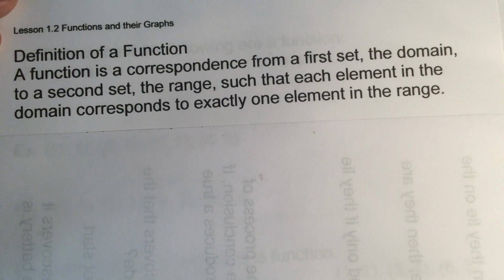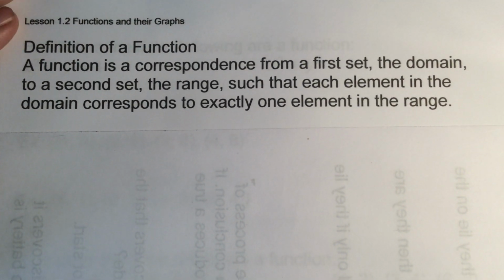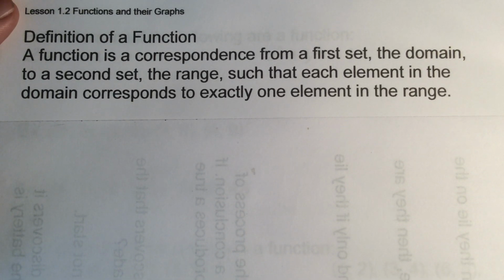Now, from there, a relation can be classified as a function. A function is a correspondence from the first set, the domain, to the second set, the range, such that each element in the domain corresponds with exactly one element of the range.